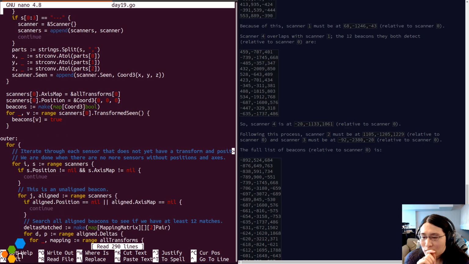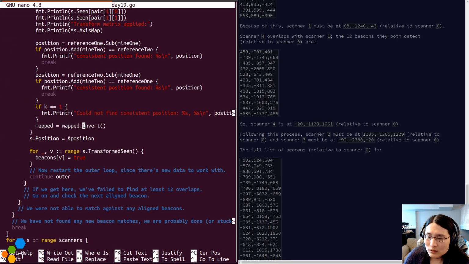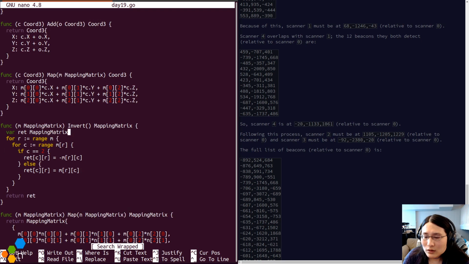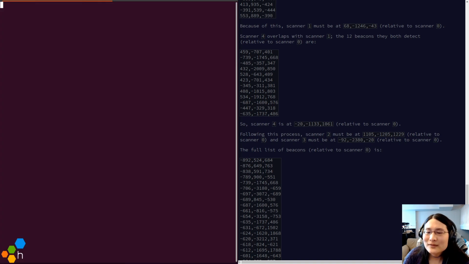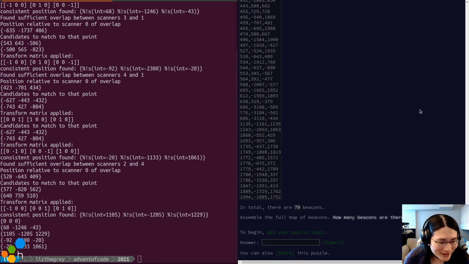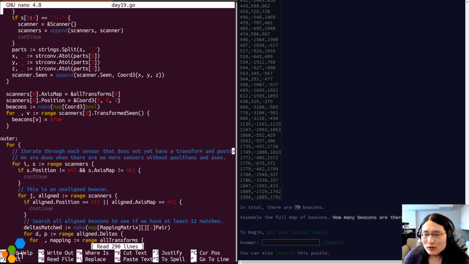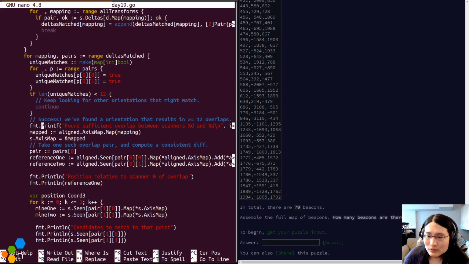Yes, I think my invert is wrong, and I should be doing this. Now let's try that. Okay, now I get 79. That's correct. Okay, cool. So now let's take out a bunch of this debug output.